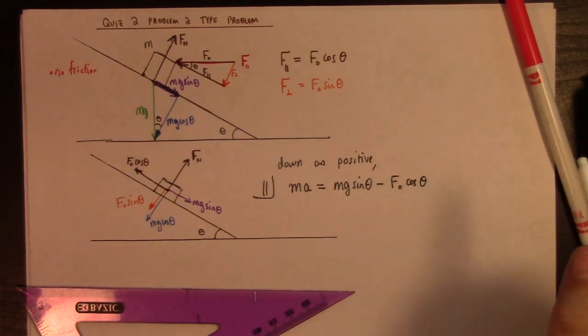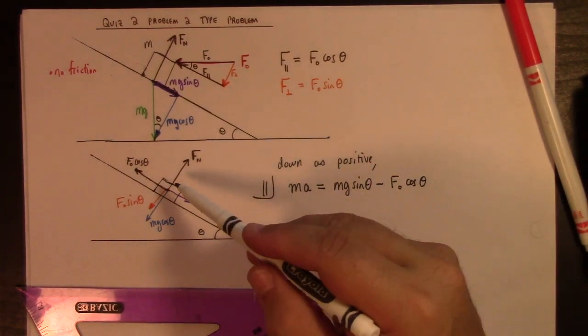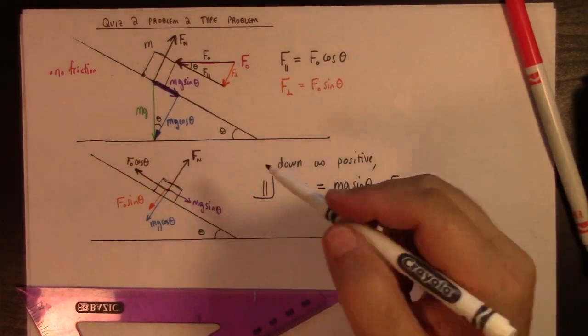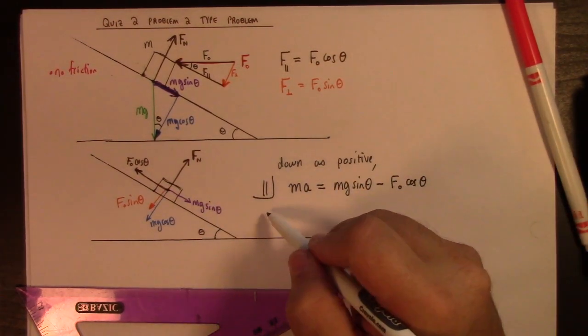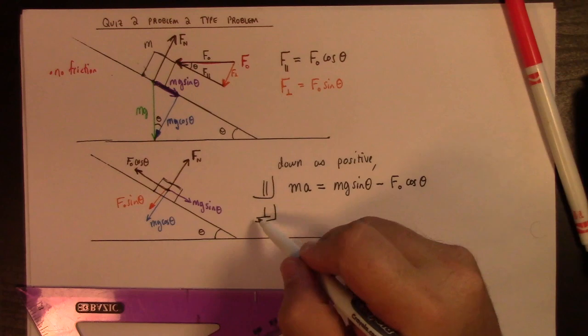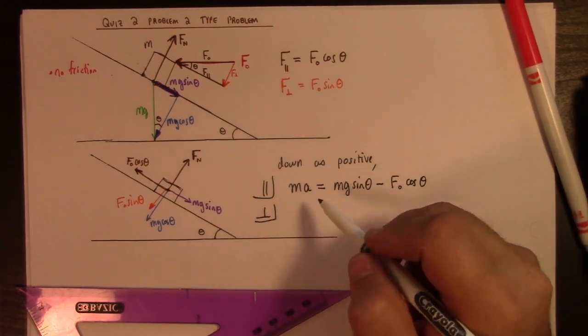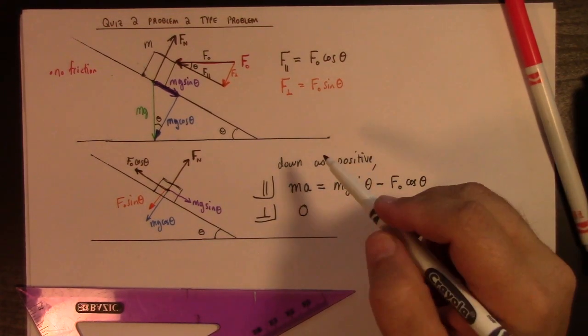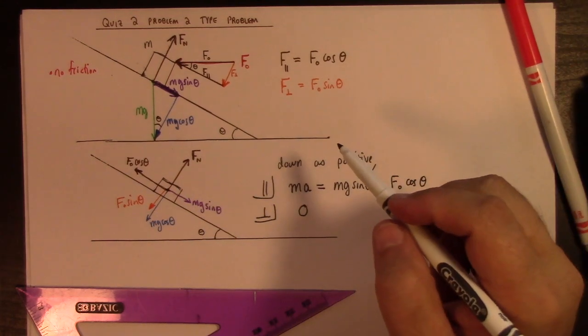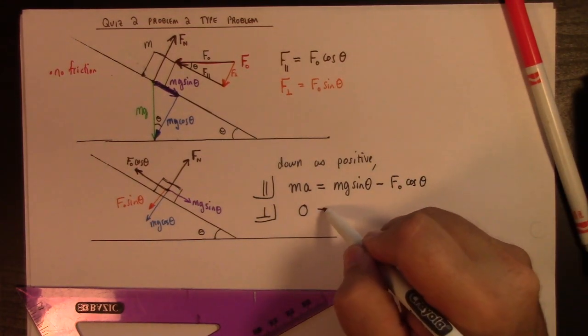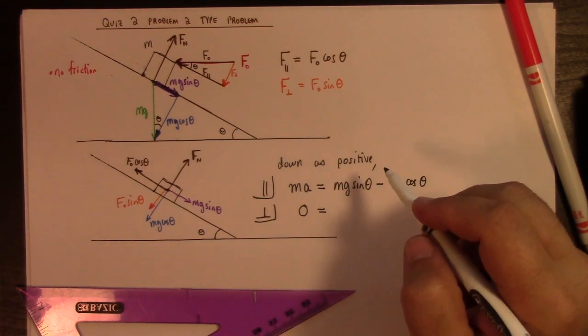All right, that's Newton's second law in the parallel direction with what's at play. In the perpendicular direction, we have 0 because we're assuming the box stays on the plane. The perpendicular acceleration is 0, and that means that the perpendicular forces must balance out.